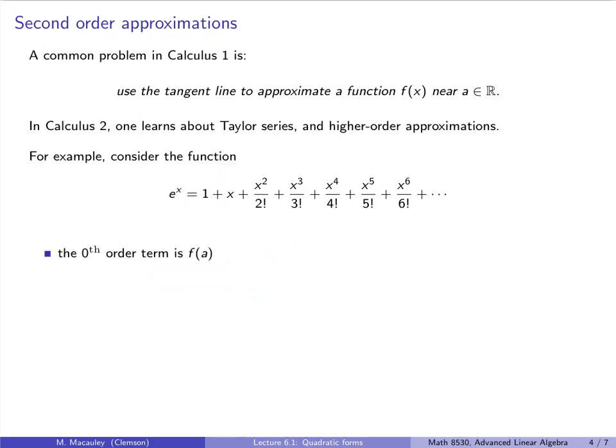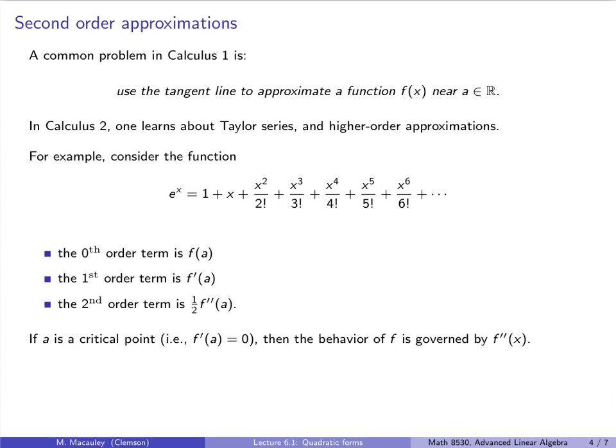In any Taylor series, the 0th order term is just f of a. So in this case, that's e to the 0. The first order term is f prime of a. The second order term is 1/2 f double prime of a, and so forth.